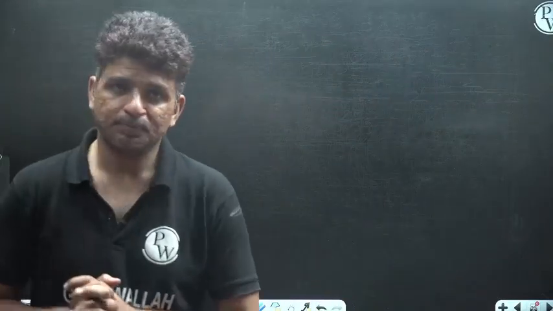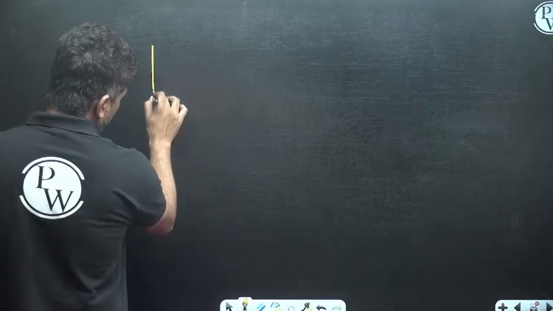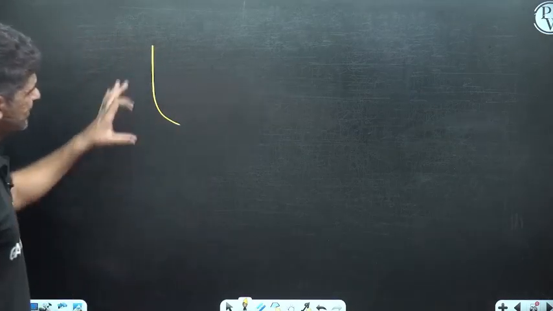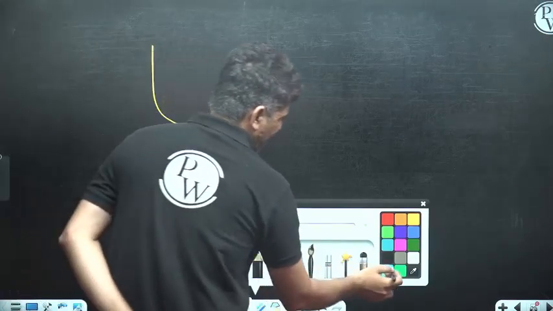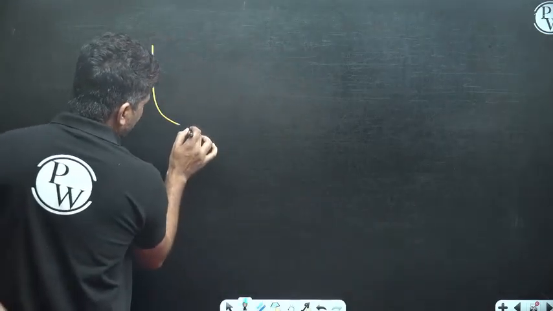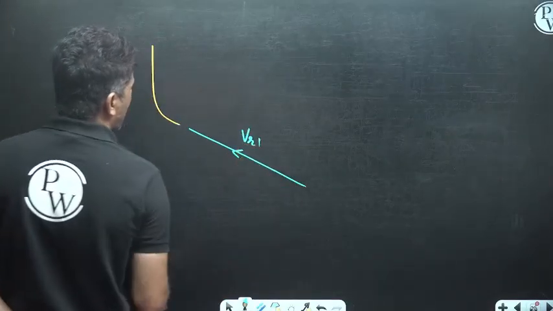So what happens, guys, what is pre-whirl? When we draw the velocity triangle of a centrifugal compressor, this is how a normal, let's say, radial blade looks. Okay, and if you draw the velocity triangle, this is where your relative velocity will be. So this is your VR1.